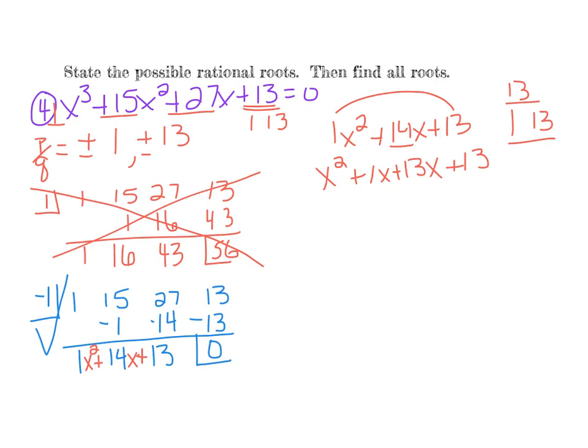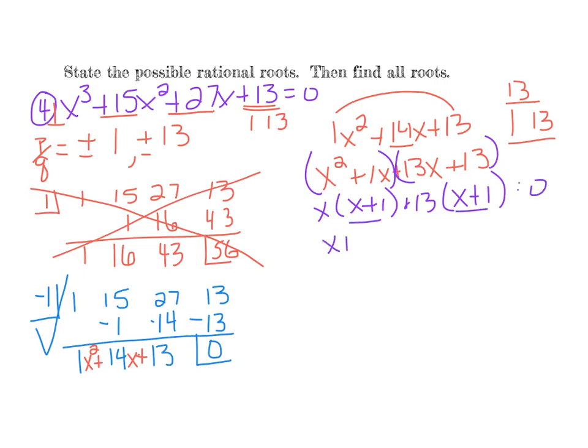Then we will group. These two have an x in common. These two have a 13 in common. So I have x plus 1, and I have x plus 13.